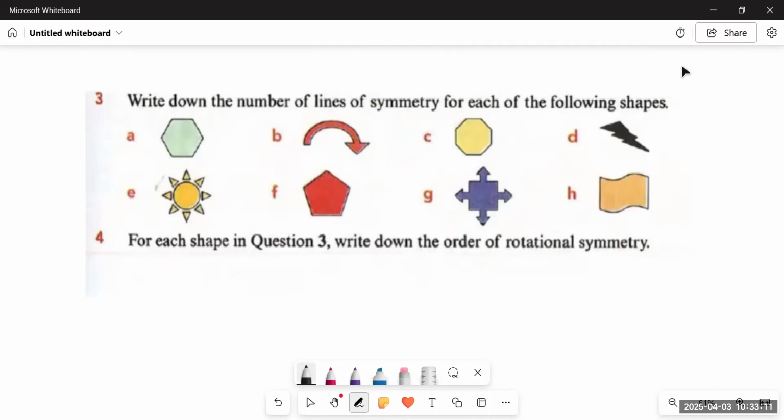In any regular polygon, the lines of symmetry depend on the number of sides. So since there are 6 equal sides in a regular hexagon, it will have 6 lines of symmetry. How?